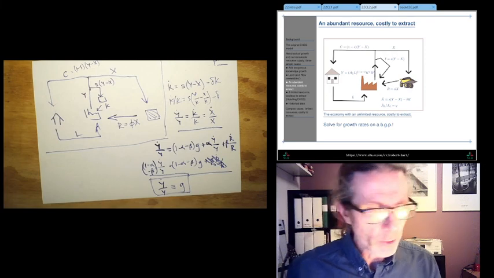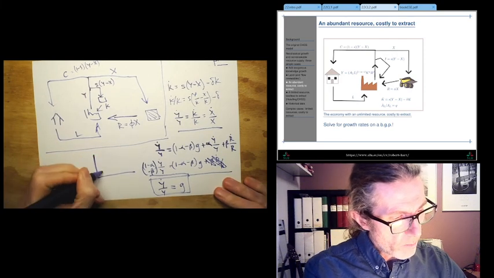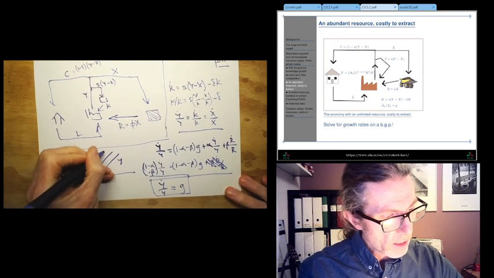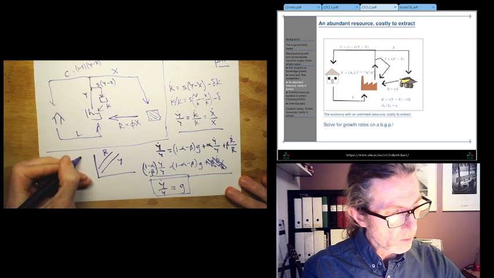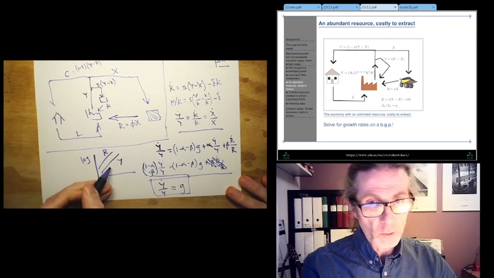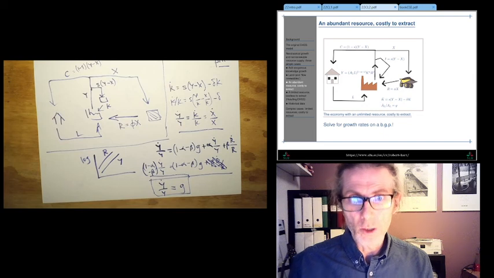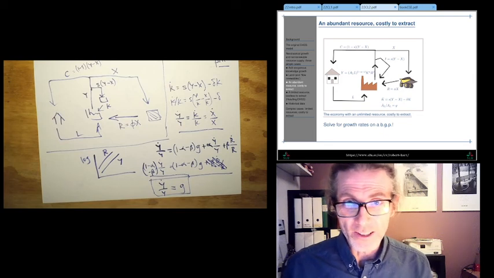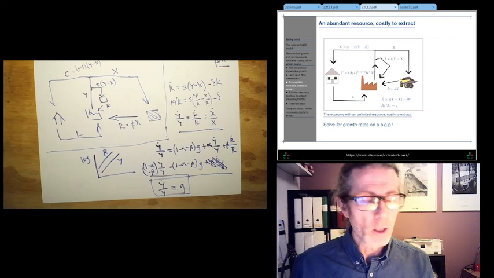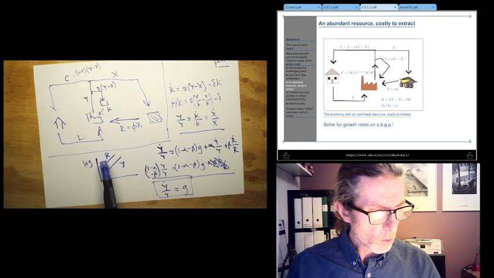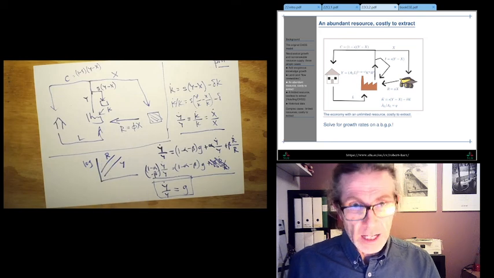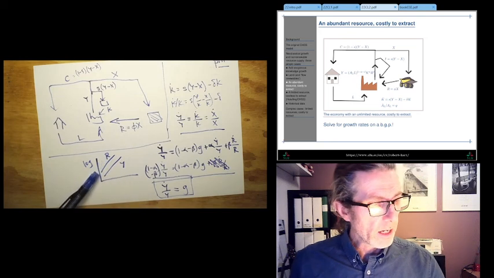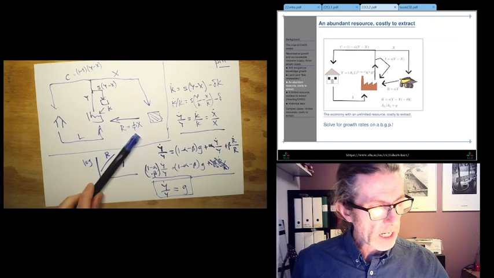And, hey presto, remember those graphs we drew with GDP and resource use on a log scale, showing them tracking each other, equal growth rates. The model does the job of explaining, or it matches the empirical observation anyway, that resource use tracks GDP.